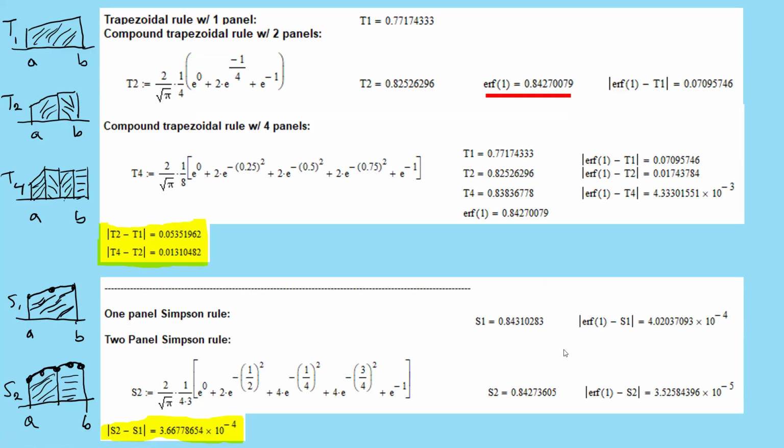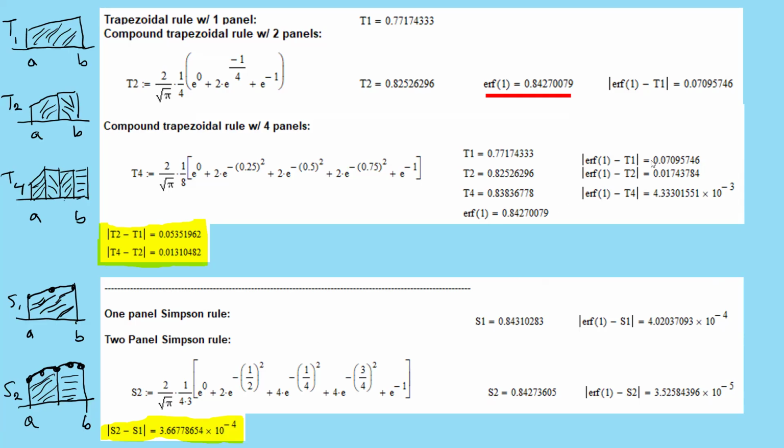We have this trend of answers for the Simpson as well. When we use one panel of Simpson's rule, the error is 4 times 10 to the negative 4. And when we use Simpson with two panels, the error decreases to 3 times 10 to the negative 5.